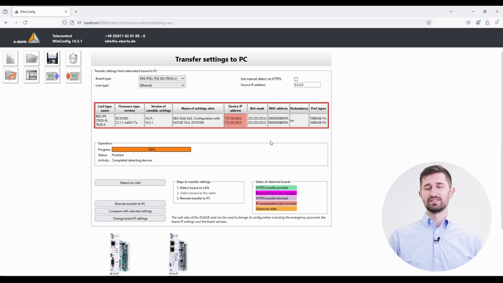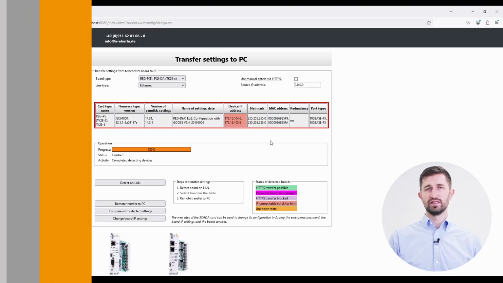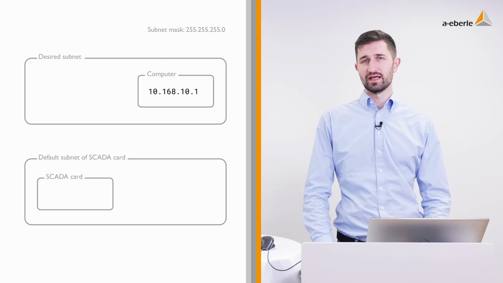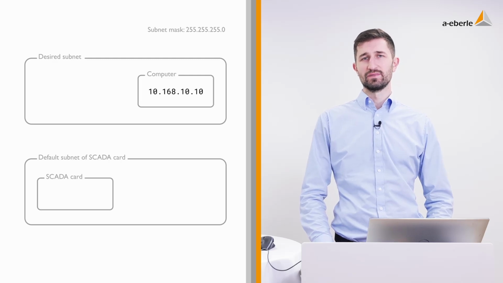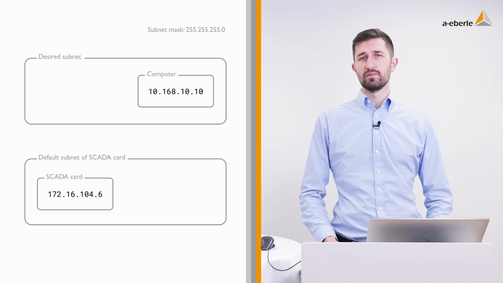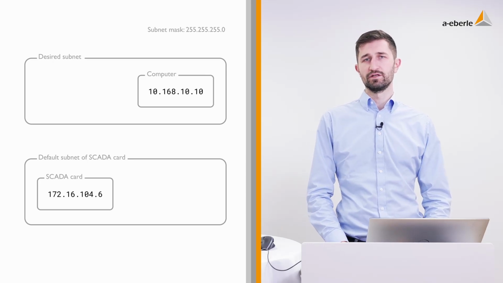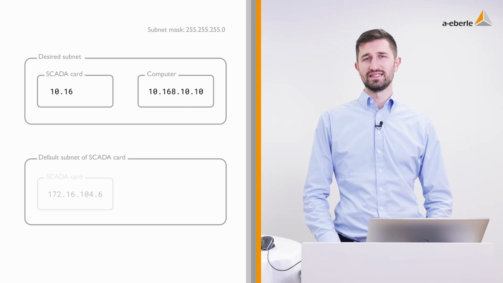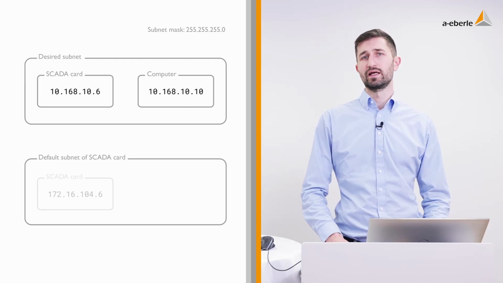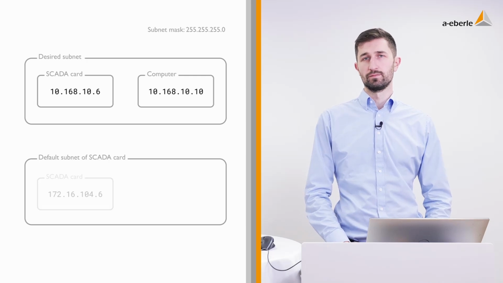The IP addresses of the SCADA card are highlighted in red, as my laptop has the IP address 10.168.10.10 and the SCADA card has the default IP address. My aim now is to have the IP address 10.168.10.6 for the SCADA card so that it can communicate in the network.